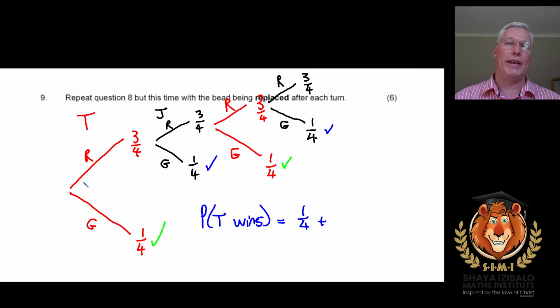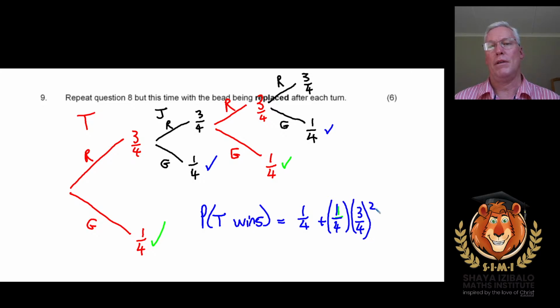Okay, and this branch is actually going to be 3/4 times the 3/4 in order for John to also get a red, times a 1/4. So this is going to be a quarter times 3/4 squared. Now, for Tandy to get another turn, we need the 3/4 to happen.